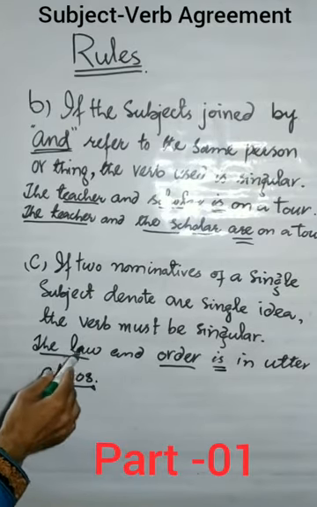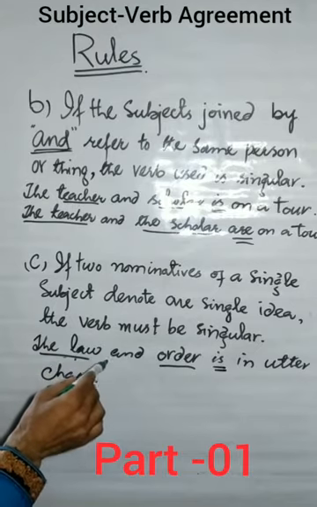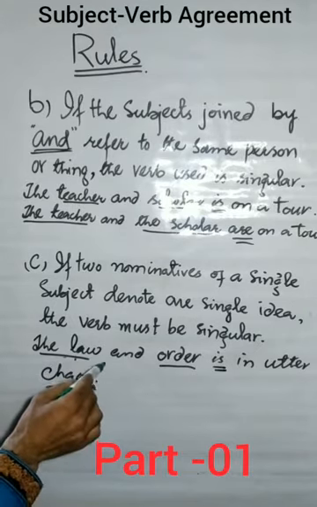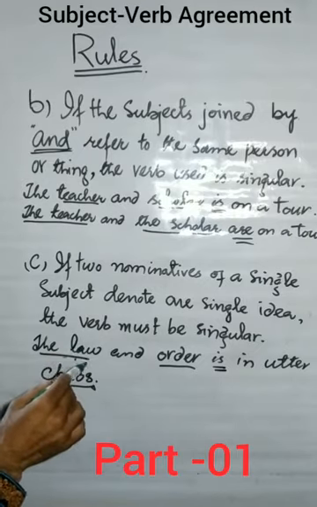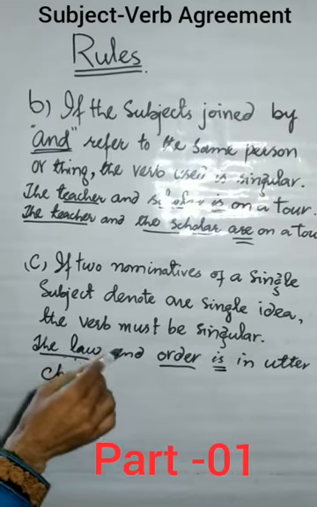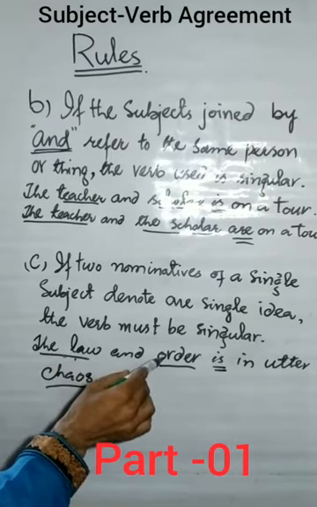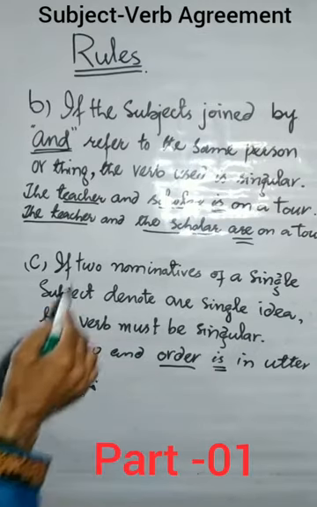We never say the police is maintaining order and after that they will maintain law. मैं सही कह रहा हूं ना कि हम कभी नहीं कह सकते हैं कि पुलिस लॉ मेंटेन कर रही है और उसके बाद वो ऑर्डर मेंटेन करेंगे. They maintain law and order at the same time, so law and order is a single thing, a single idea, so the verb must be singular.